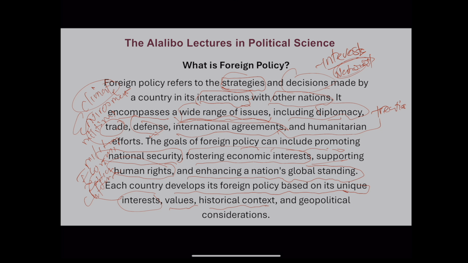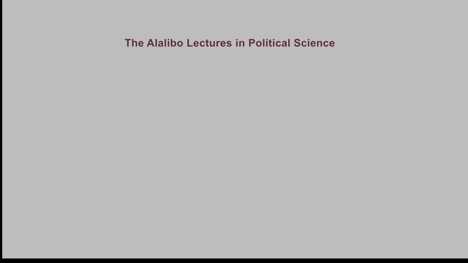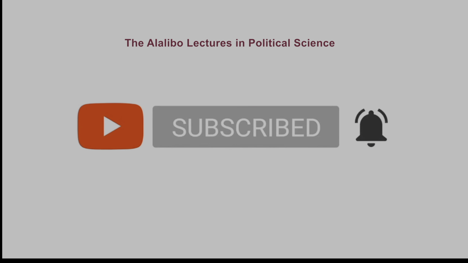Climate, environment, and sometimes military, etc. The goal of foreign policy, therefore, can include promoting national interest, and it's always about national interest. At the end of the day, whatever policy it is, if it's a policy towards refugees, it's about national interest. Maybe those refugees will come and support its economy. Maybe the country wants to be seen as a humanitarian country. That's in its national interest.